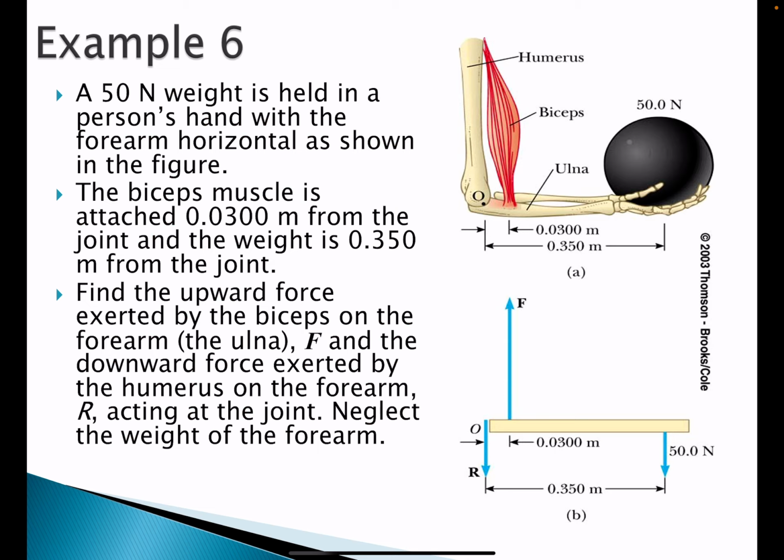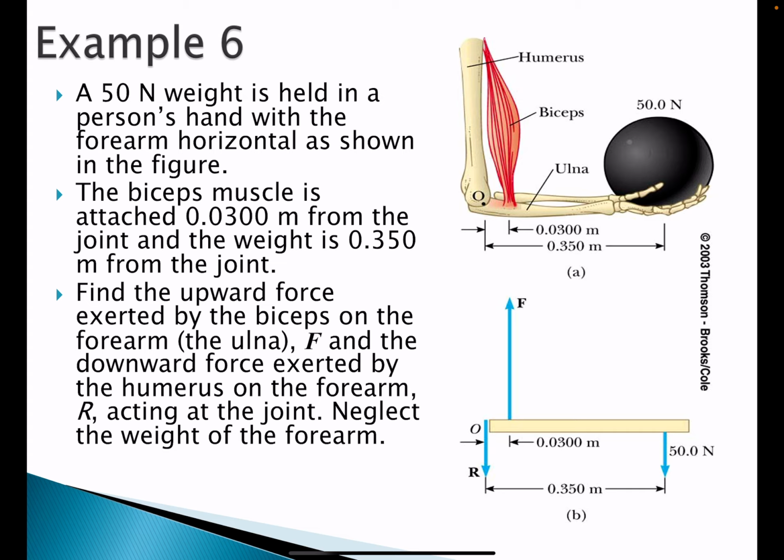So we move on to example 6 here. A 50 Newton weight is held in a person's hand with the forearm horizontal, as shown in the figure.